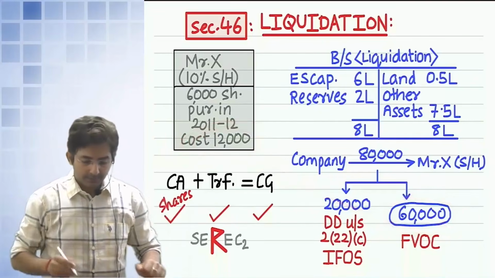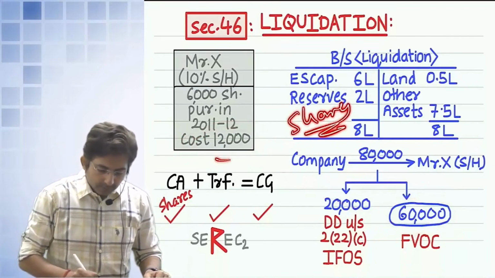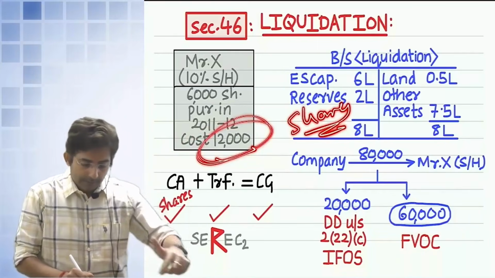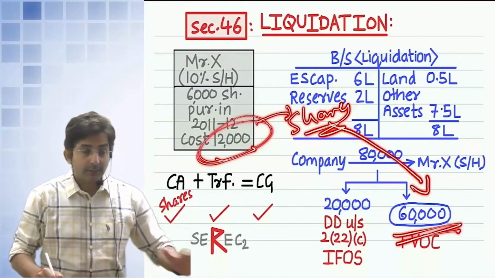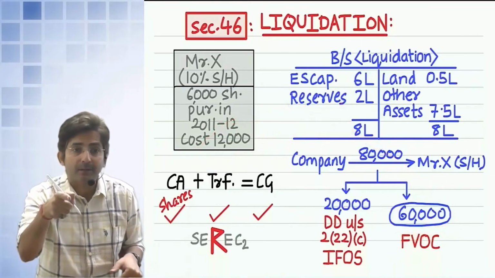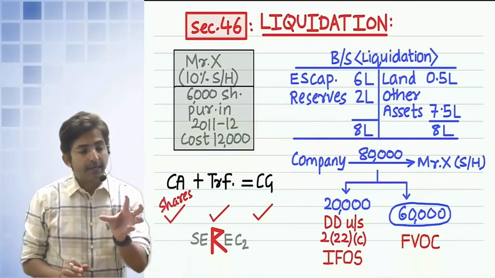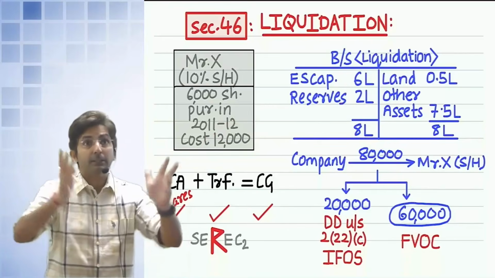Towards shares you had spent 12,000 as cost, and towards shares you received 60,000. See, 60,000 is towards shares only. It came from share capital. So this is the way you should interpret it: towards shares, I had invested 12,000, and towards those shares, I am getting 60,000.